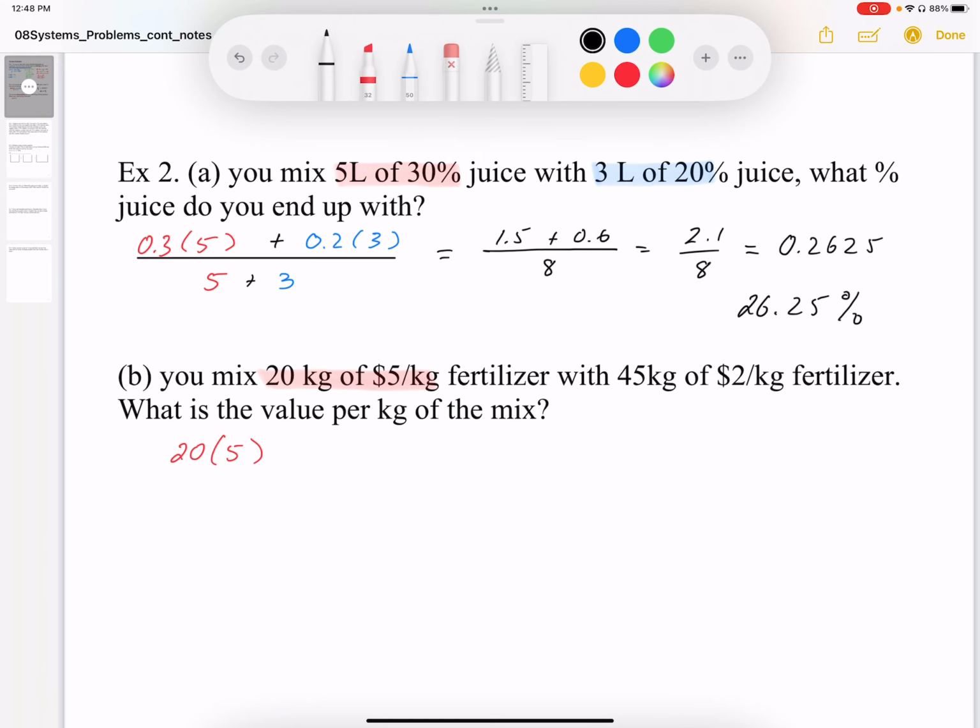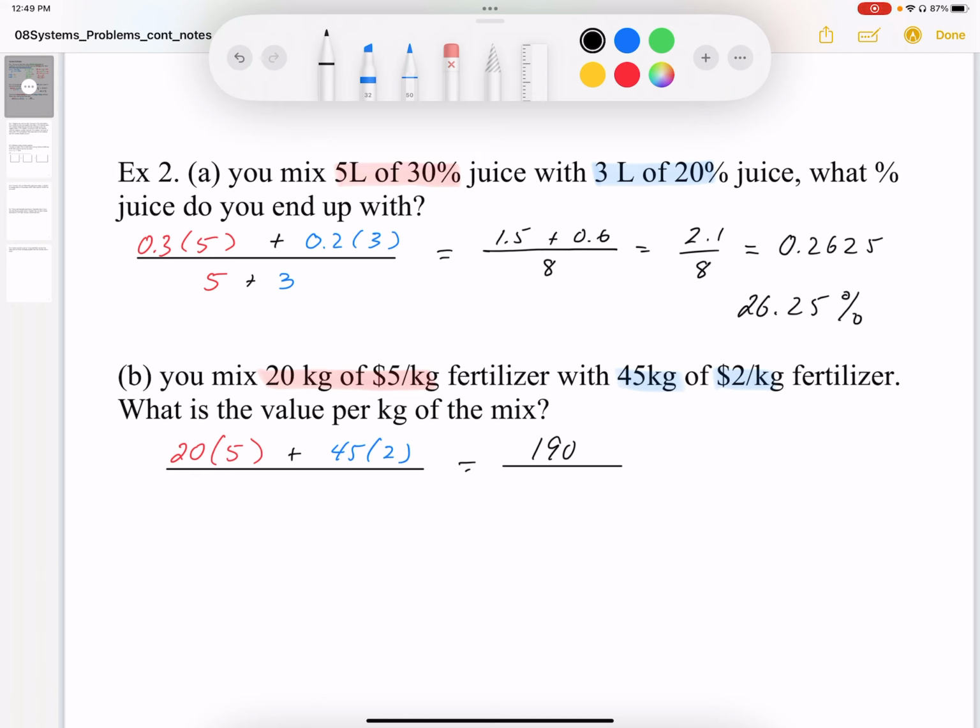And we're going to find out the total value of the 45 kilograms at $2 per kilogram. That gives us 45 kilograms times $2 per kilogram, so that's going to be $90. So we're going to end up with $100 plus $90, $190 total.